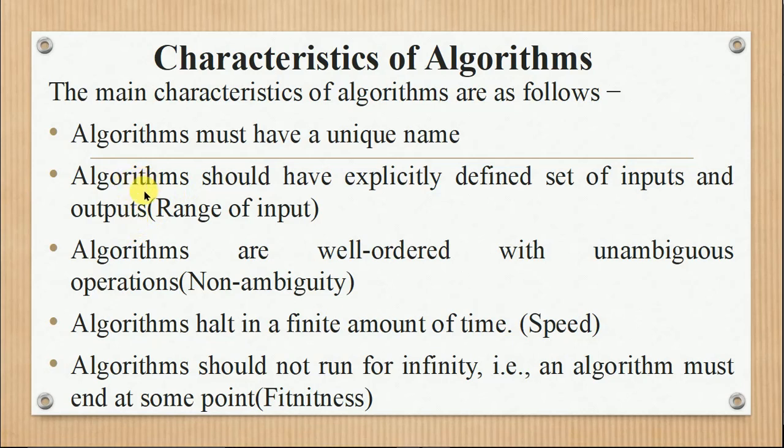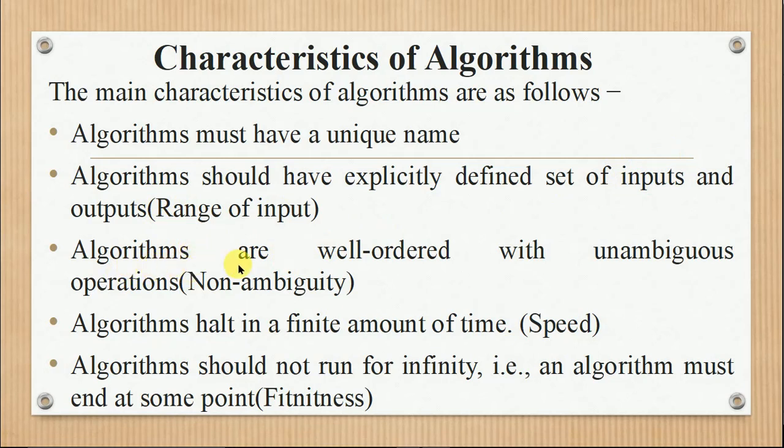You should not be in a question mark once you design the algorithm about what the input is and what the output is. You should not get mixed up with the input and output. You should be clear with the set of inputs and outputs that you are going to use in the designed or developed algorithm.